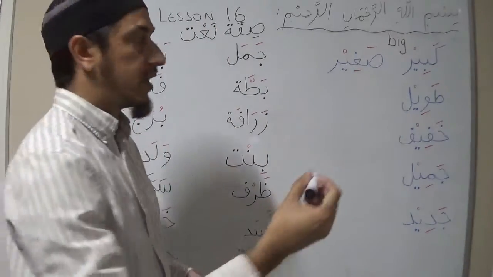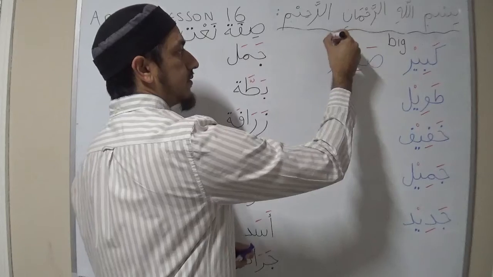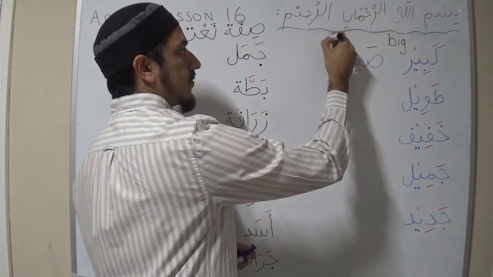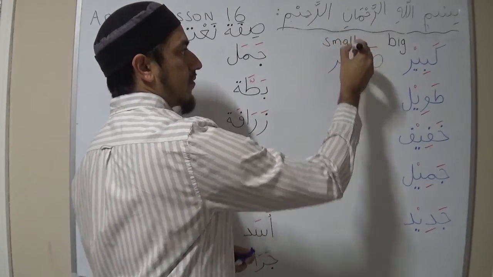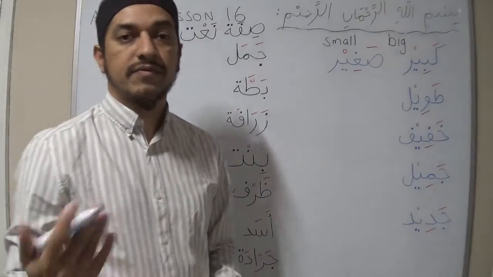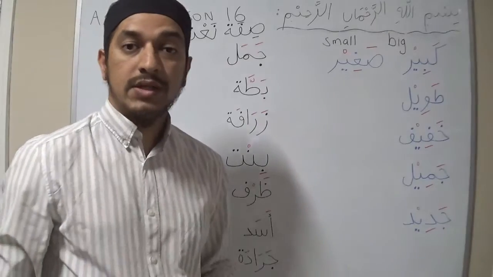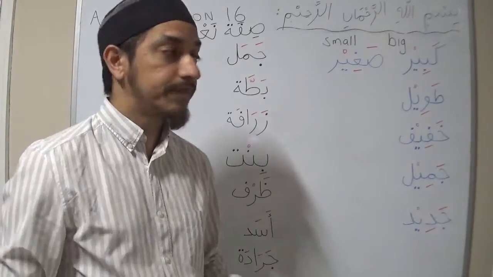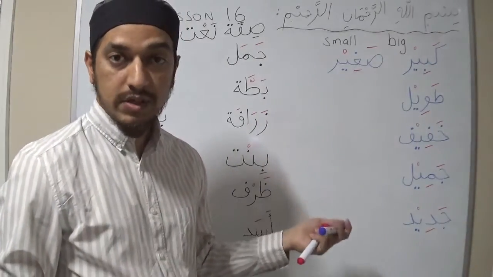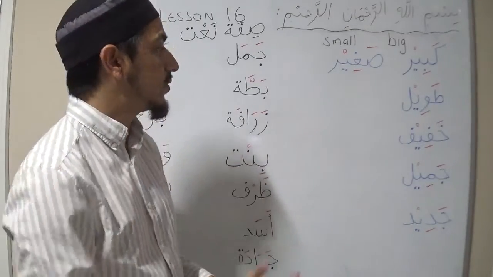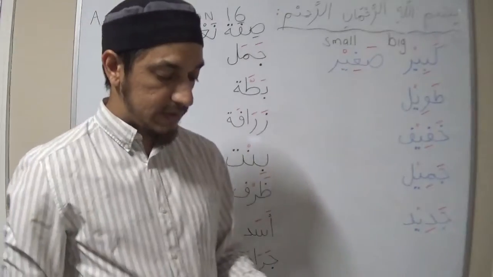These things can describe a noun. So we have, for example, walad, a boy. We say walad kabir would be a big boy. Walad صغير would be a small boy. So we'll see these in examples when we come to that next.